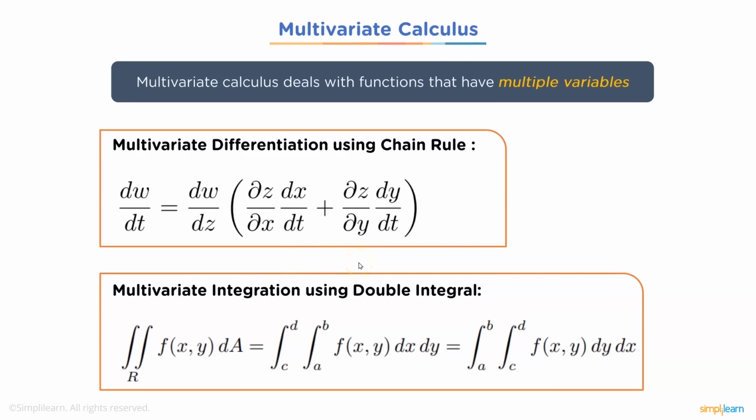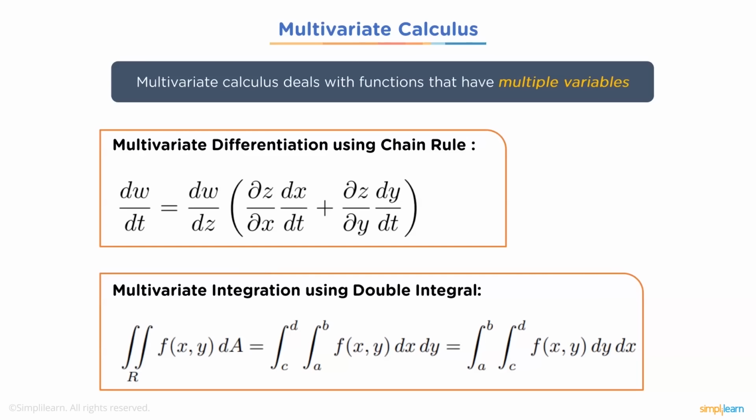It gets pretty complicated. And it really translates into multivariate integration using double integrals. And so you have the sum of f of x of y of d of a equals the sum from c to d and a to b of f of x of y dx dy, equals the sum of a to b, sum of c to d of f of x of y dy dx.